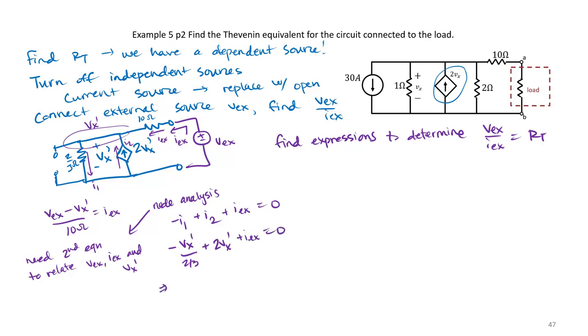That gives us minus 3/2 Vx prime plus 2Vx prime plus IEX equals 0. We determine, in this case, 0.5 Vx prime equals negative IEX. So I can say Vx prime is equal to negative 2 IEX.